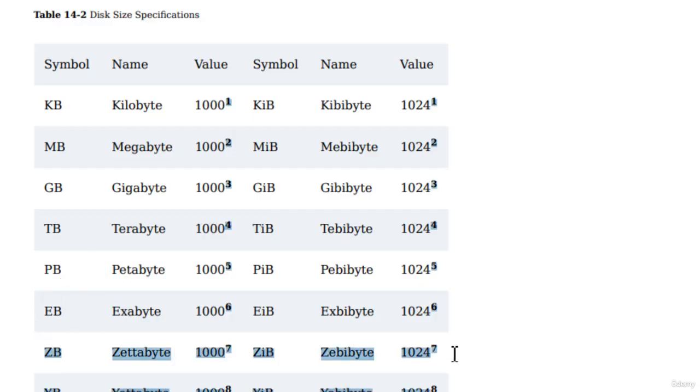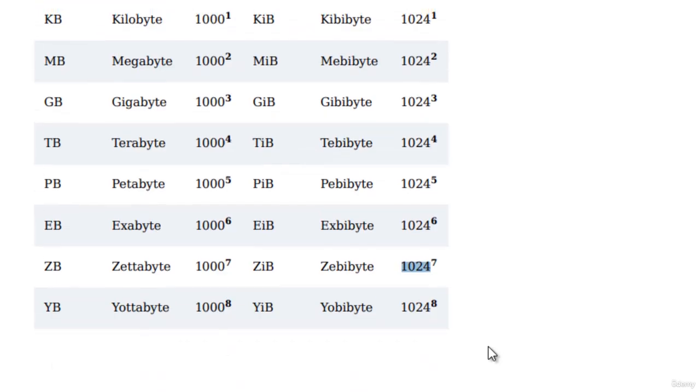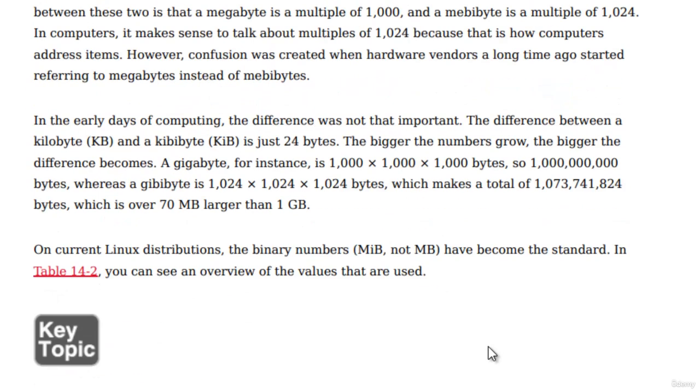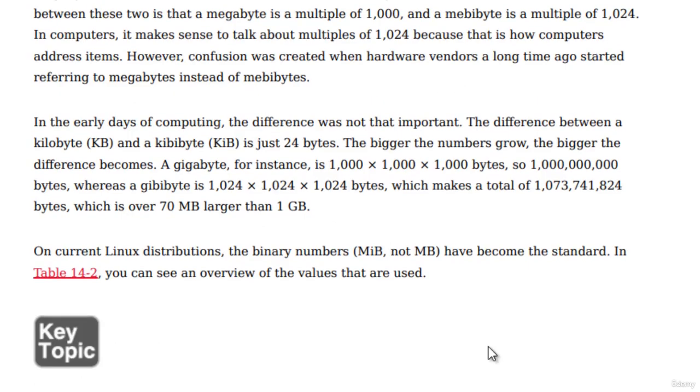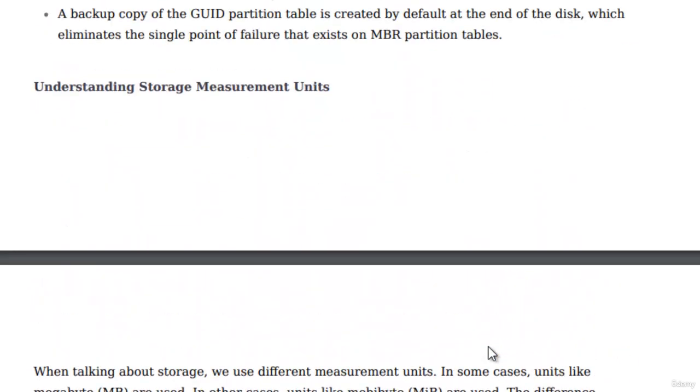So it is supporting an 8 ZB partition, 1024 to the power 7 bytes. It is supporting a huge partition size in a single partition. Got it? That is the reason GPT is now used everywhere.